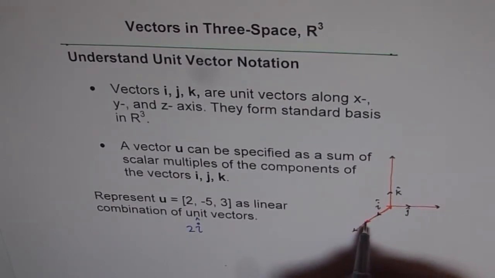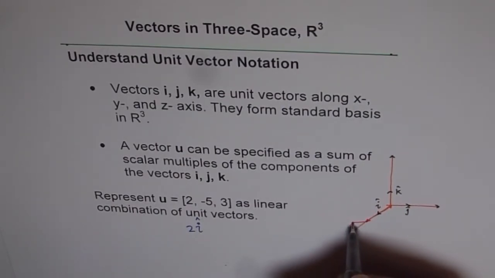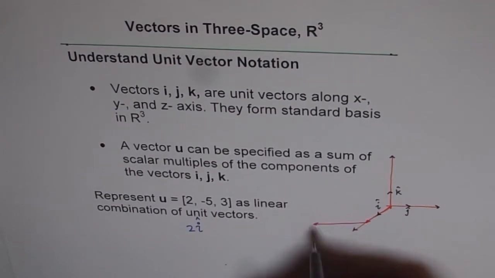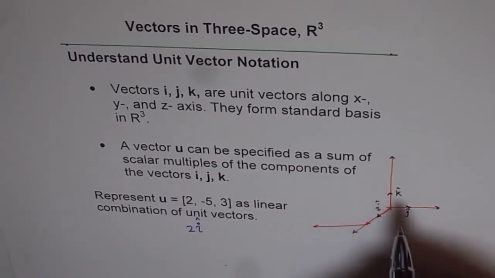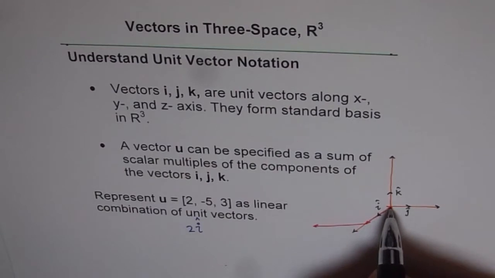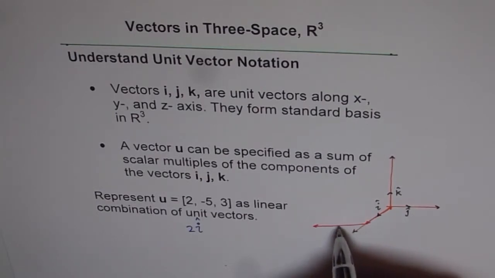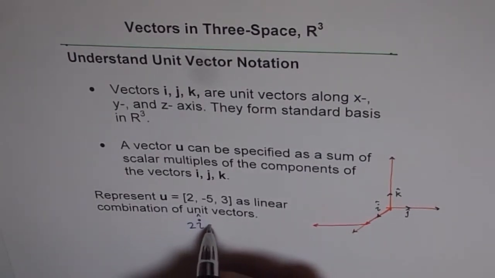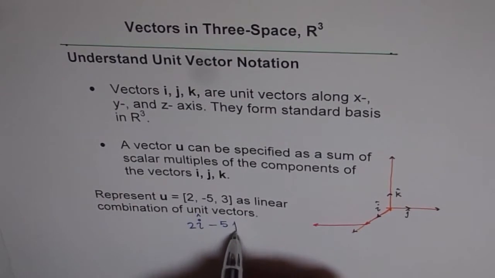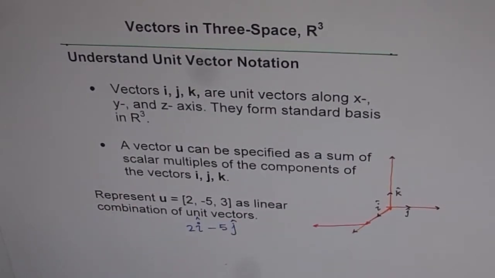So let's say this is -5 along the y-axis up to here, right? Now since j is a unit vector in the positive y direction, -j will be the direction along negative y, and therefore I can write this as -5j, correct?